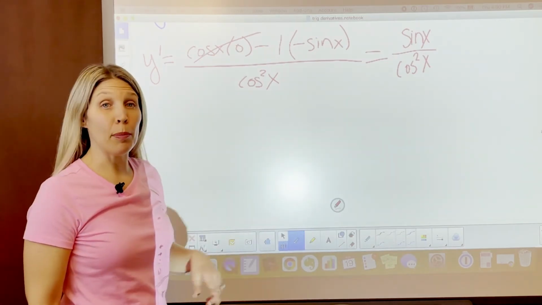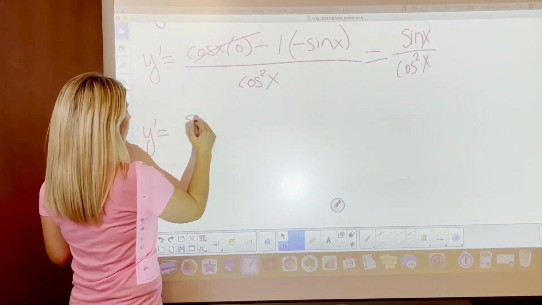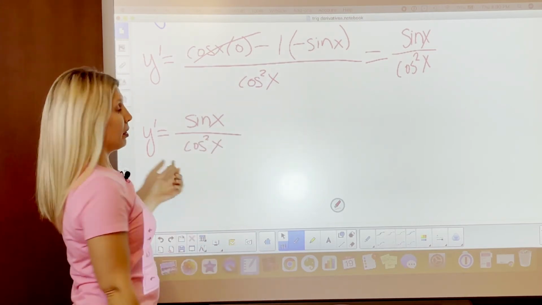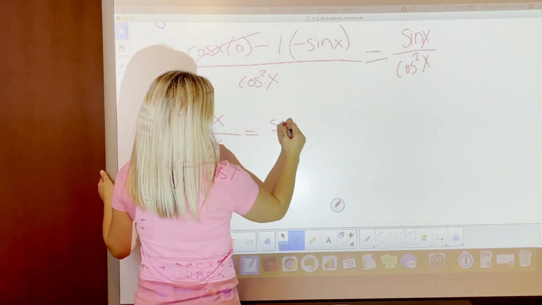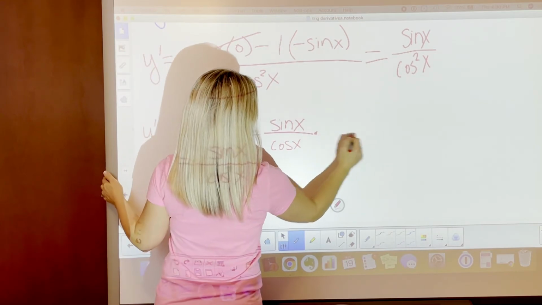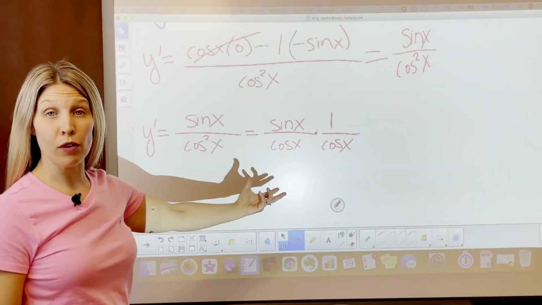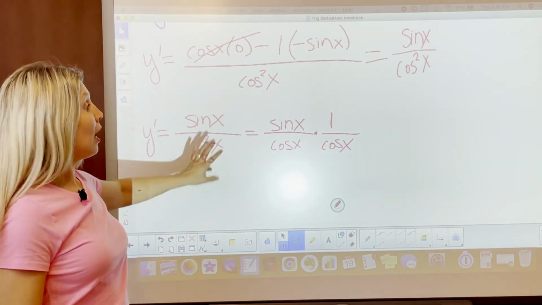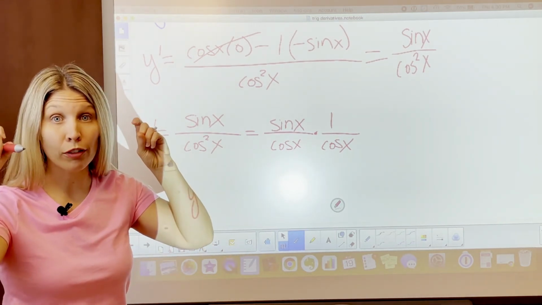I'm going to rewrite that part and show you how we're going to break that apart. Y prime equals sine x over cosine squared x. I'm going to separate this denominator, make this two fractions. So I'm going to have sine x over cosine x times 1 over cosine x. See what we did there? You have two cosines on the bottom to be cosine squared. I'm just separating them. Why? Hopefully you have light bulbs going off in your head.